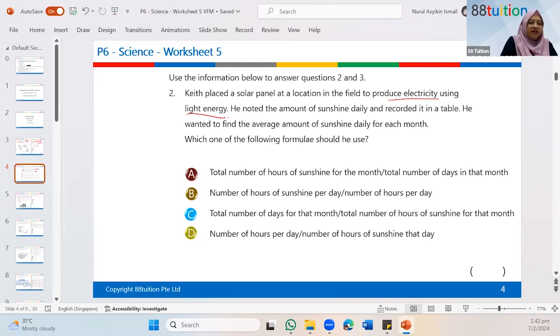Average amount. Each month has a certain number of days. To find the average, you must divide by the total number of days in the month. So what must he collect per day? You must collect the total number of hours of light per day, for the whole duration of the month.